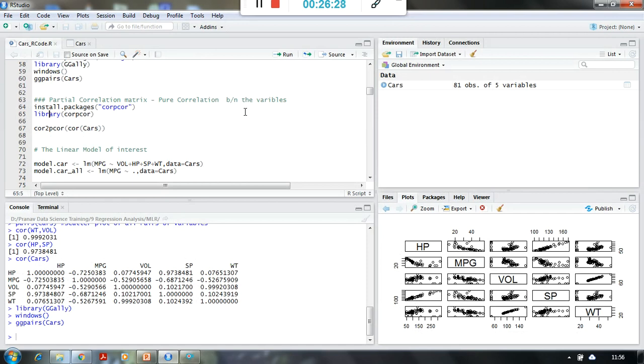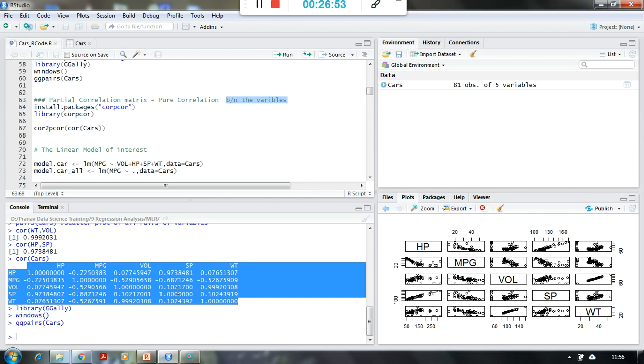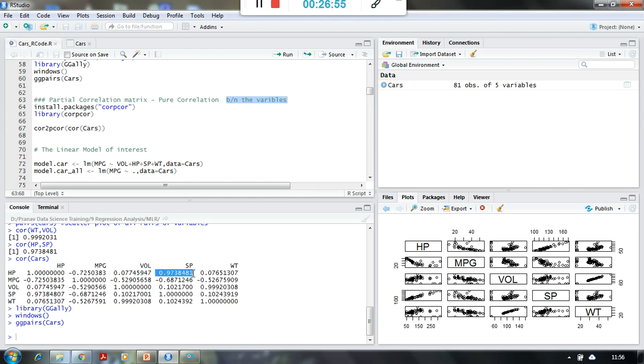Now we have understood that there is a problem between HP and SP and weight and volume, because they are having a linear correlation between each other. There is one more way to look at the pure correlation, or we can say partial correlation matrix, between the variables. The correlation matrix which we have already plotted, suppose I'm referring to this value between HP and SP, has been calculated with the presence of other variables.